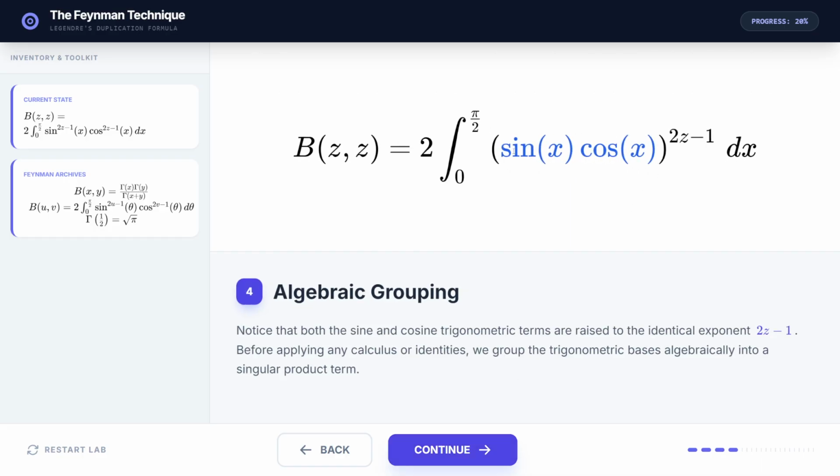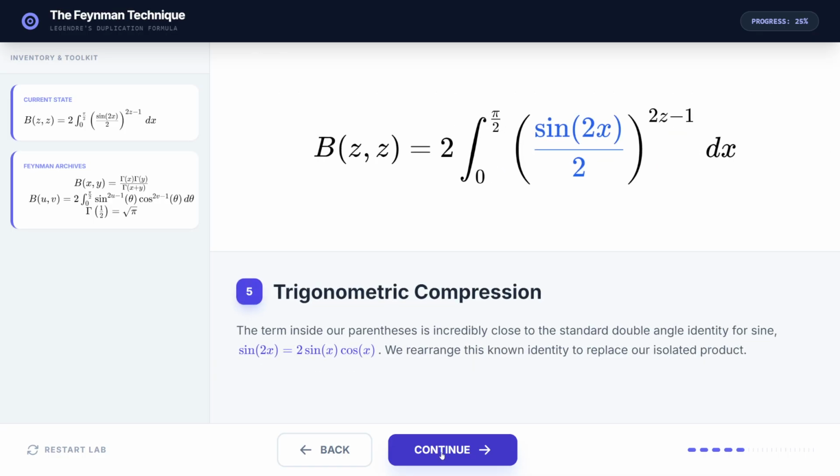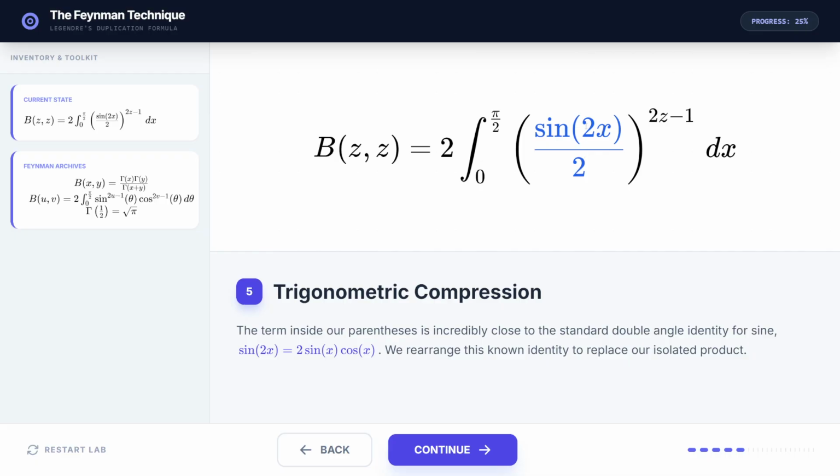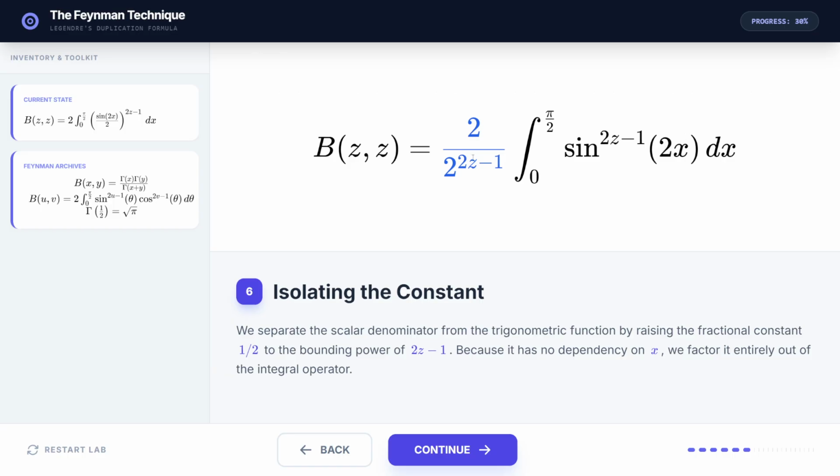And then we're going to group the trig terms all into one term raised to a single exponent. And then let's just rearrange that. Basically, all we're doing upstairs is multiplying by 2 and dividing by 2 to get our double angle formula up here. And then next we factor out all the multiples of 2 outside of our integrals.